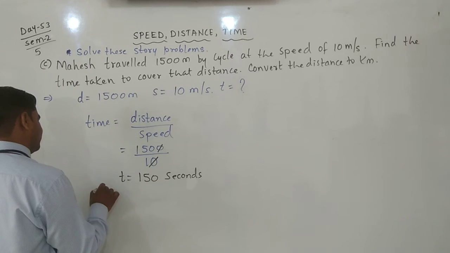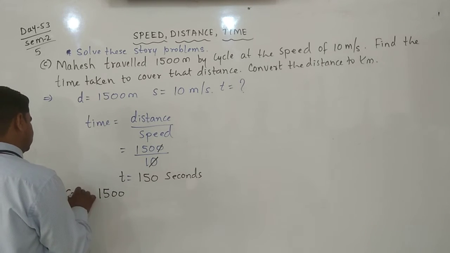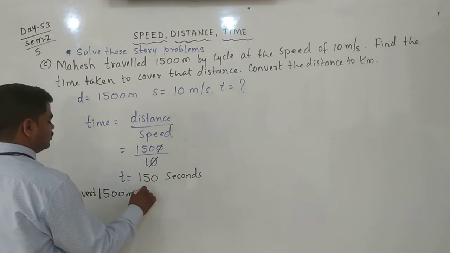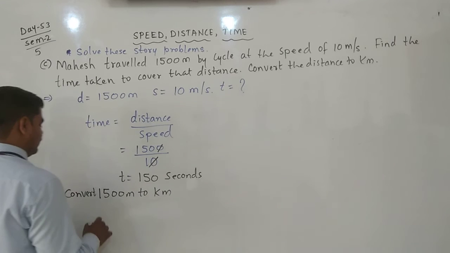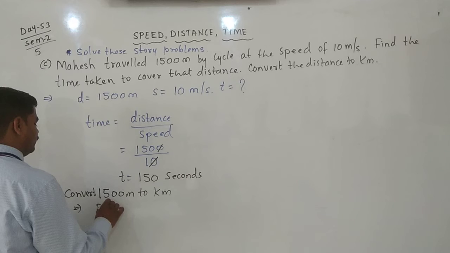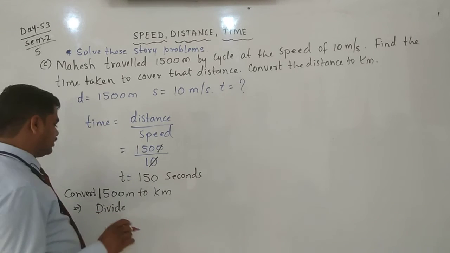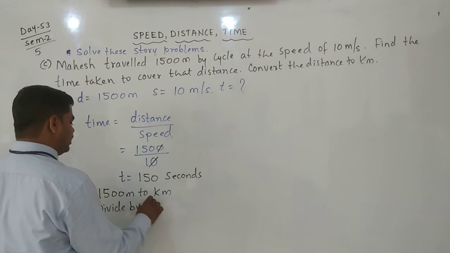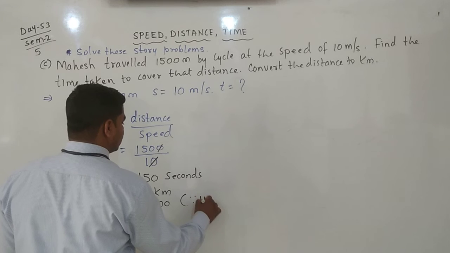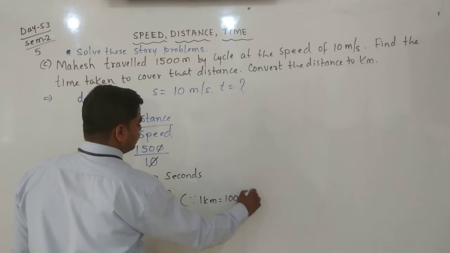Now convert this 1500 meter to kilometer. Then divide by 1000. Why? 1 kilometer is equal to 1000 meters. Divide by 1000 because 1 kilometer is equal to 1000 meter.